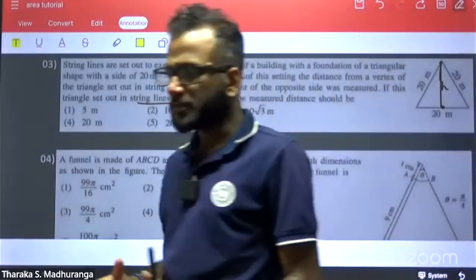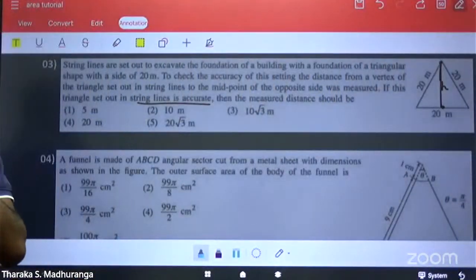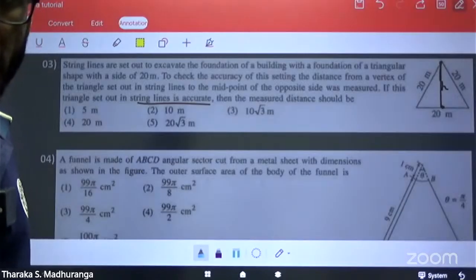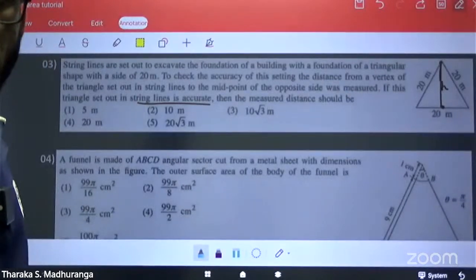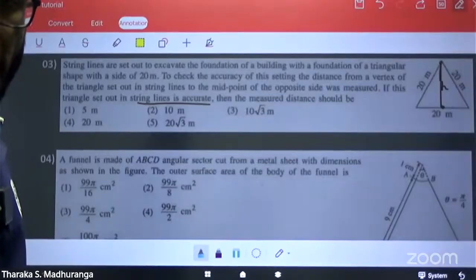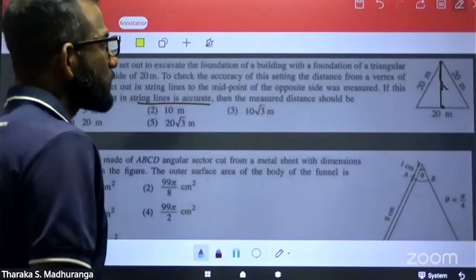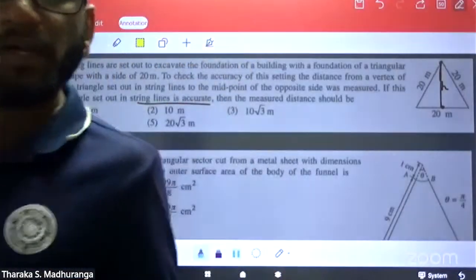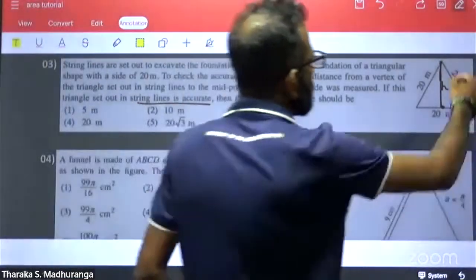Vihanga, what is the answer? Ravindu? Sadev, are you there? Yes, Fatima correct. No, not 20, Kavind. 20 is the slant height.